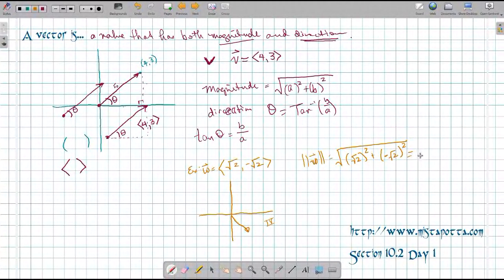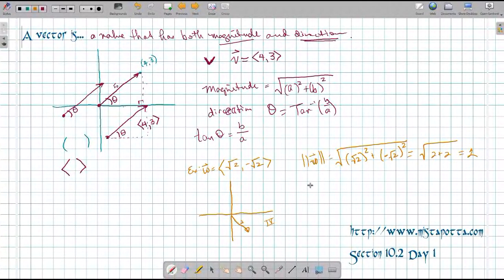So this ends up being the square root of 2 plus 2, which is 2. So in other words, this vector has a length of 2.